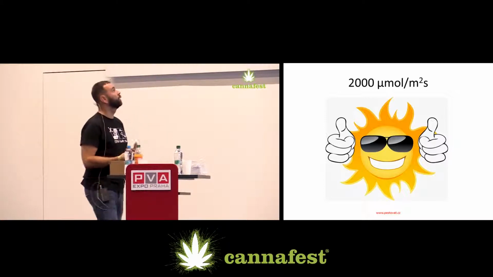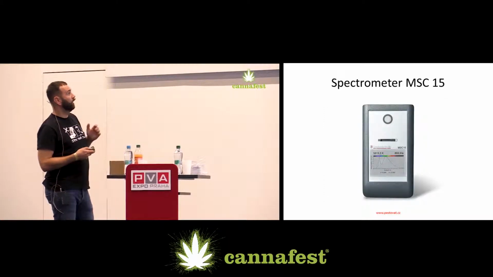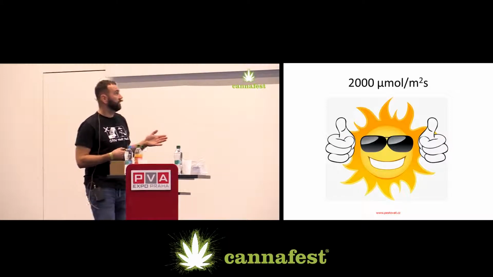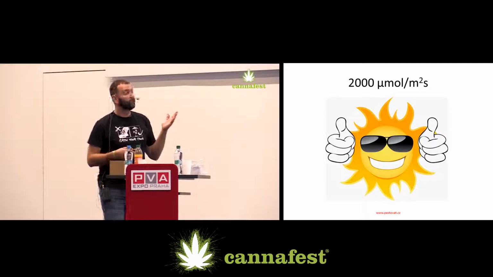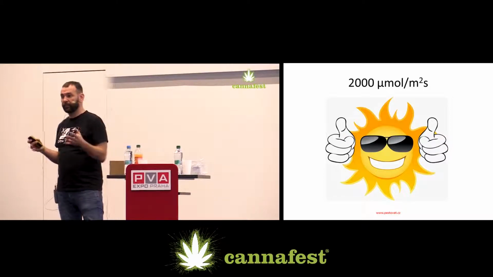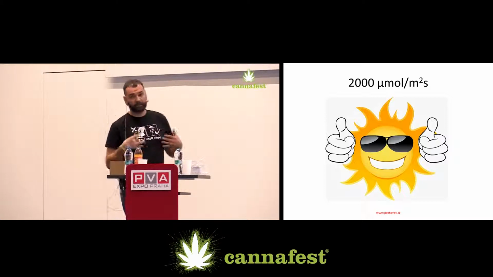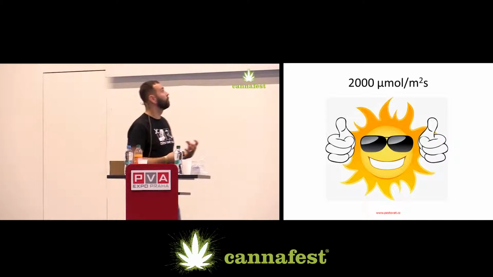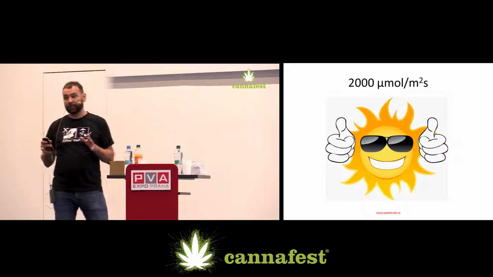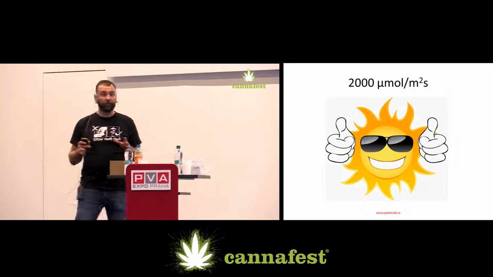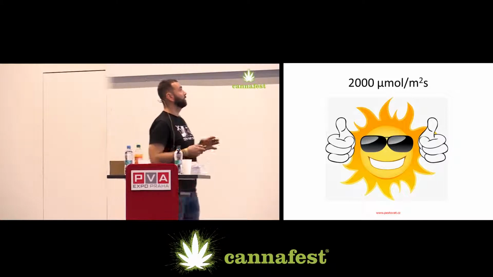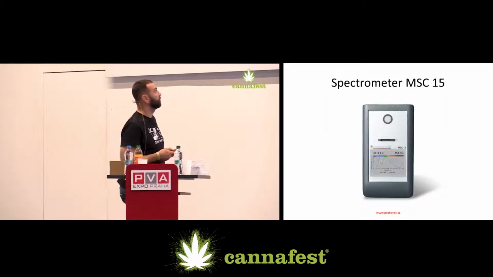They are adapted to it. They can absorb it. But in case of indoor growing, we can have a clear sky, in fact, all throughout the period. We don't need such high values. We can make do with around 1,000 micromole per meter square per second.